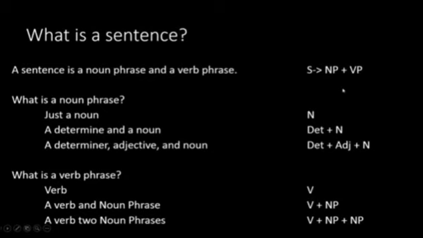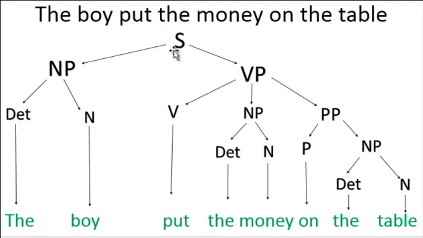Here is an example. The sentence is divided into a noun phrase and a verb phrase. Here, the noun phrase is a determiner and a noun. In this moment, the boy. Here, the verb phrase: we have put, which is a verb, correct? The money is a noun phrase.